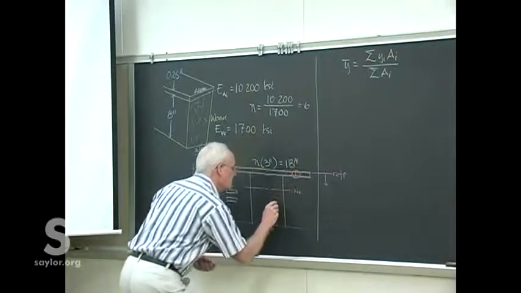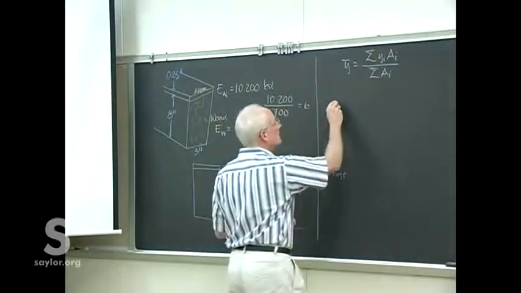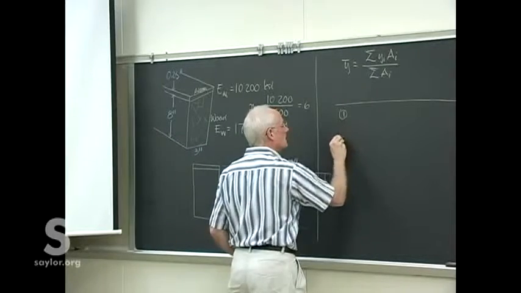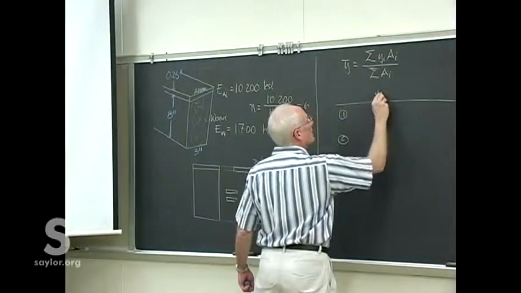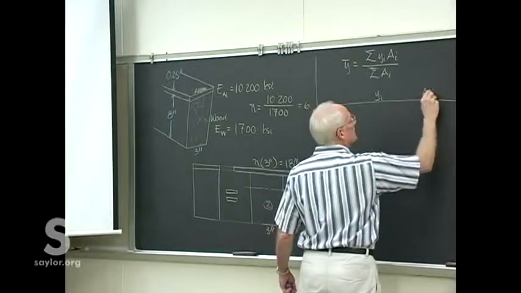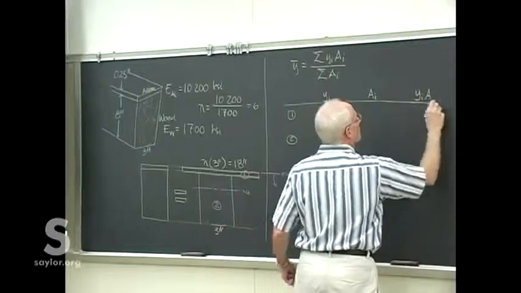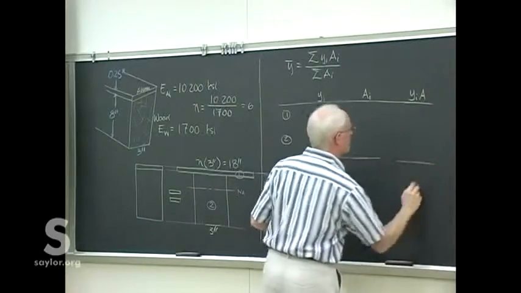I'll call that piece 1, this piece 2, and we can do like we have before. Figure out where Y is, what the area is, and then the product of the 2, and sum the area and sum that product.